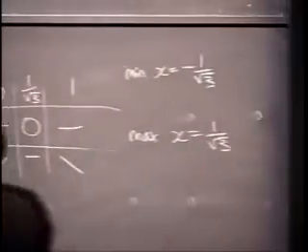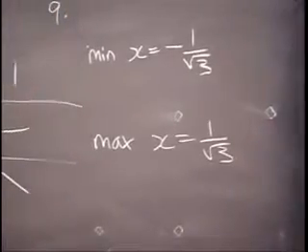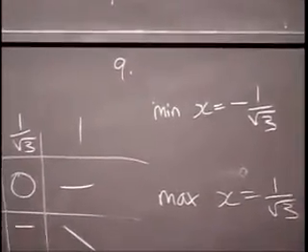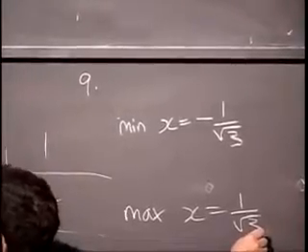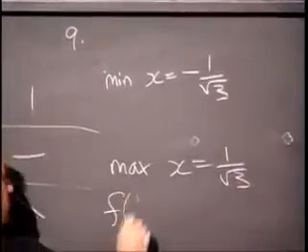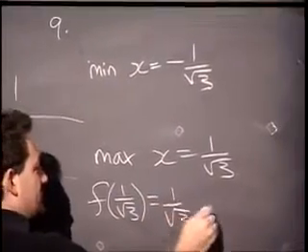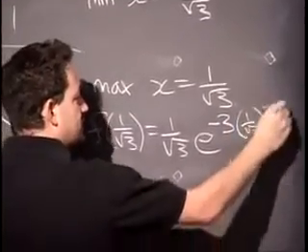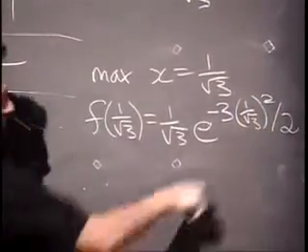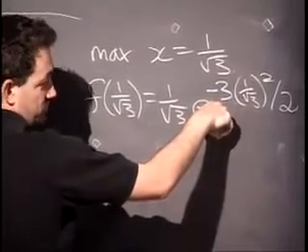Now, step 9, well, let's just do step 9 over here. Step 9 involves getting the y-coordinates of these things. So I'm going to plug 1 over root 3, the maximum, into the original. f of 1 over root 3 is equal to x e to the minus 3 x squared over 2, and 1 over root 3 squared is a third. 3 times a third is 1.